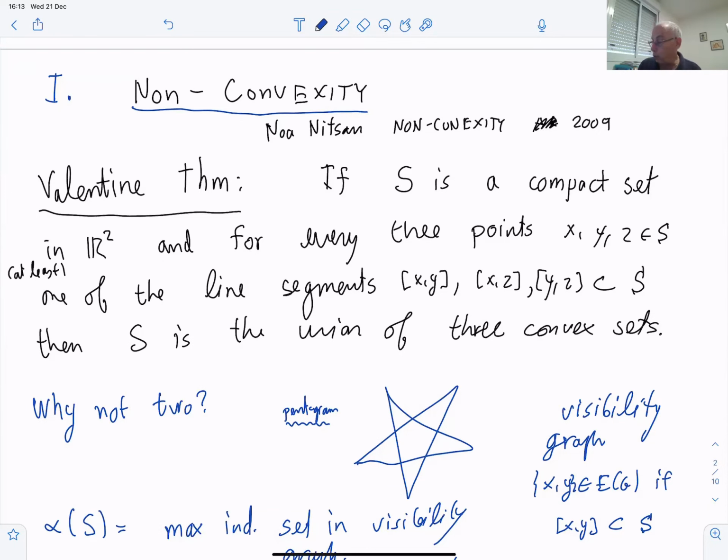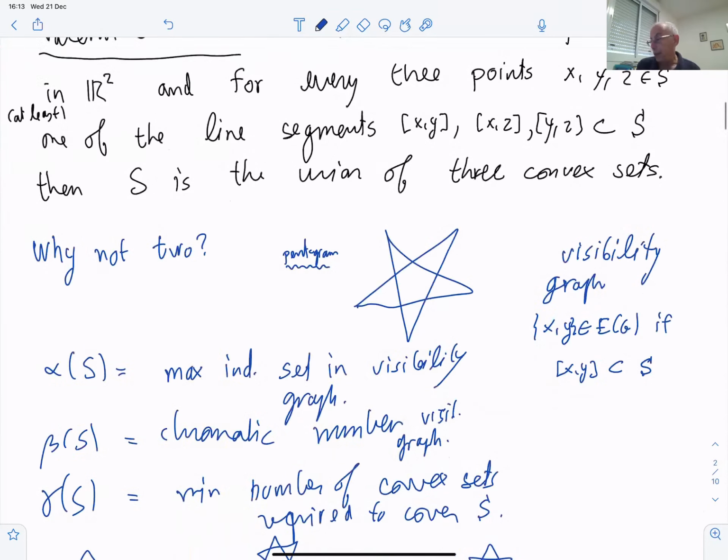And why not 2? So here is the example. This is the solid pentagram. So we also have all this area inside here, and this compact set is not the union of 2 convex sets.